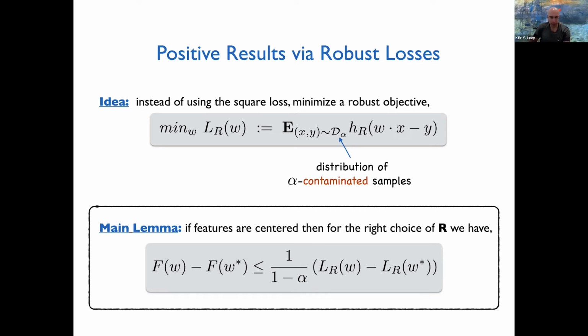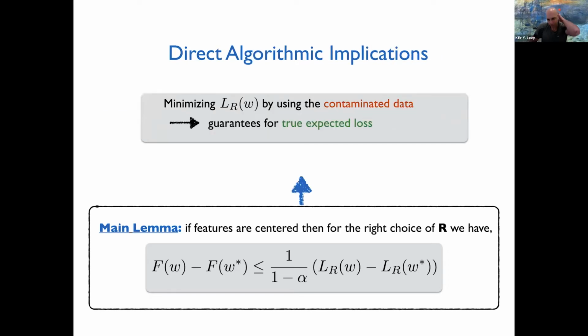And this inequality suggests a very nice natural algorithm. It says that if we want to minimize the true expected loss, it is enough to minimize the Huber loss using the contaminated data. And this directly ensures guarantees for the true expected loss over the true clean data.